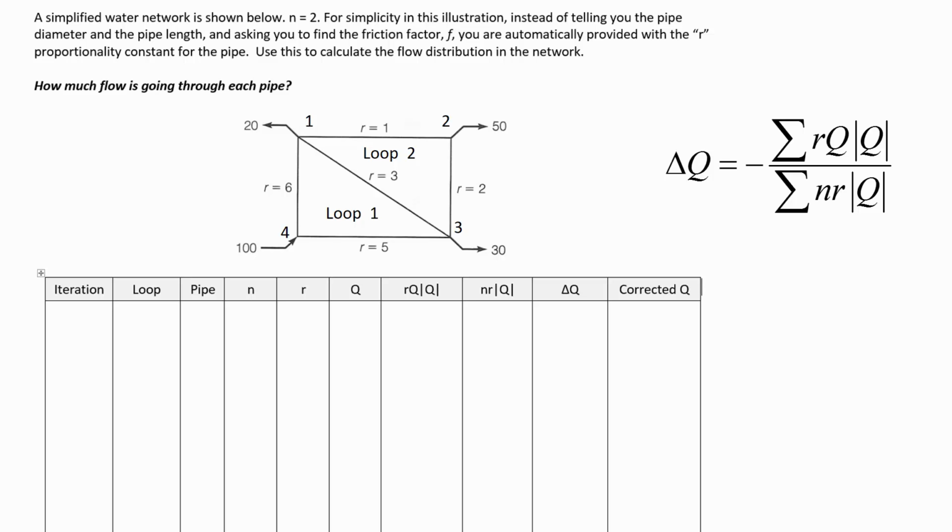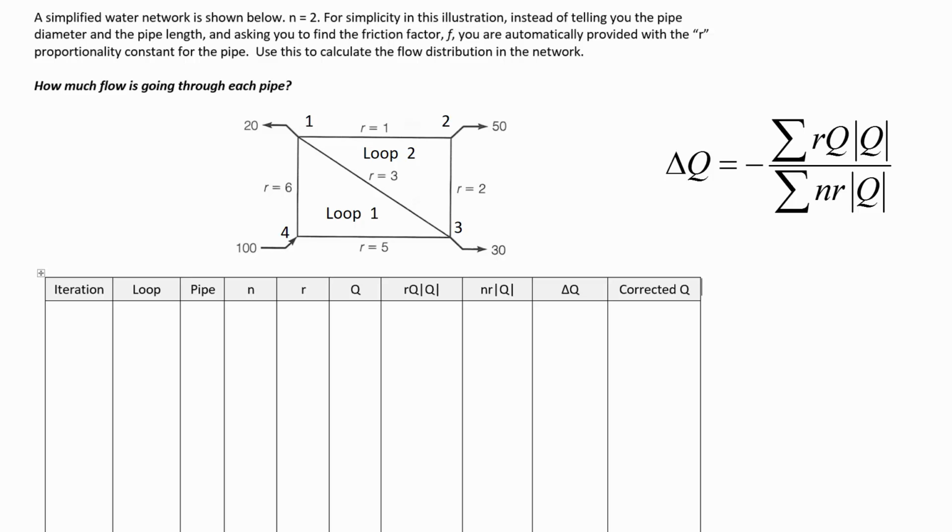So the flow rate, the corrected Q, is 25 minus 20.756. And so my corrected flow rate is 4.24 for pipe 1-3. My corrected flow rate for pipe 1-4 is 70 minus 20.756, so that gives me 49.24.